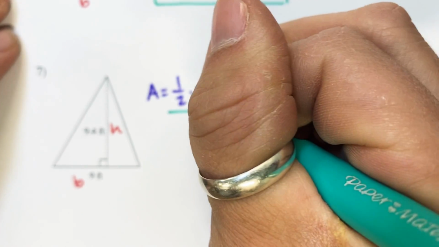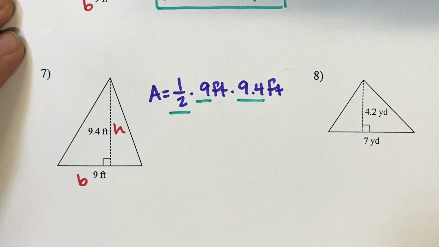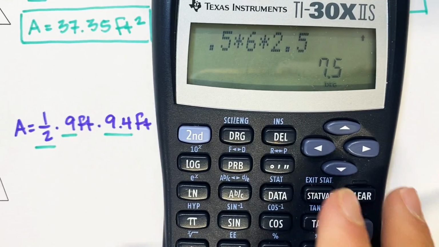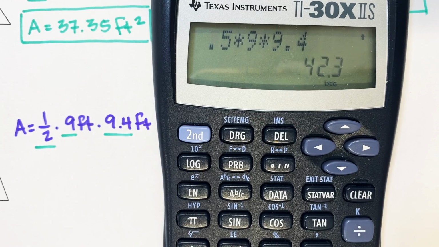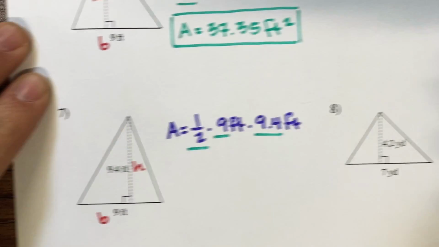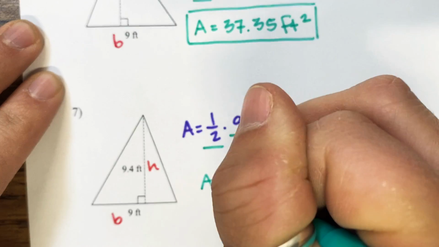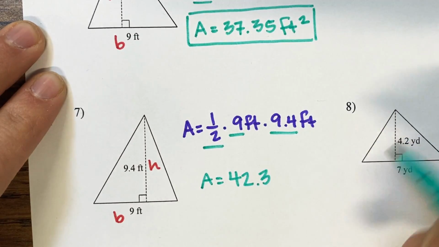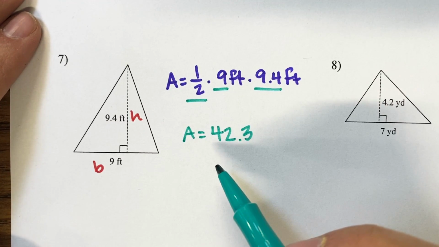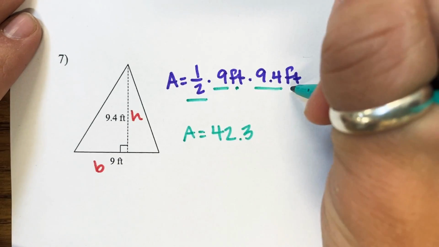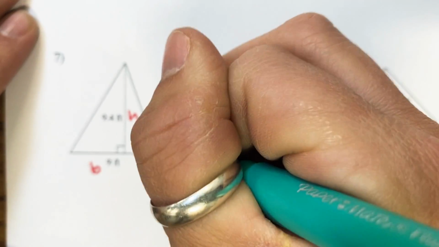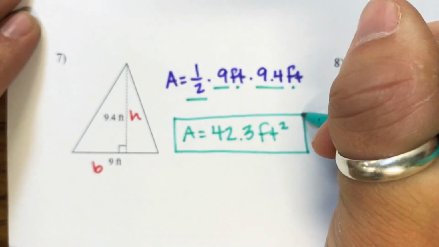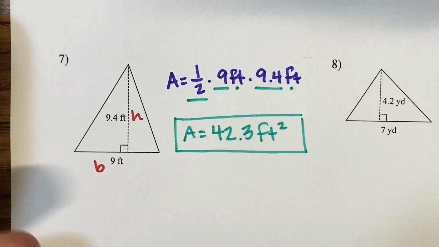We have 1/2 times 9 times 9.4. Let's plug this into our calculator. 0.5 or 1/2 times 9 times 9.4. And I get 42.3. Area equals 42.3. What are my units? I multiplied feet times feet, so feet squared. And that is our final answer.